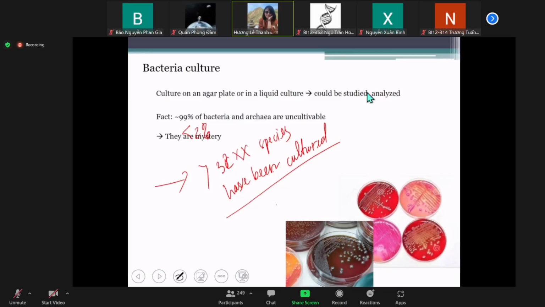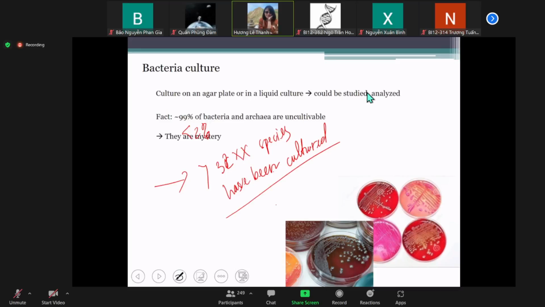Most of the cultivable bacteria are the bacteria inside our bodies, in our digestive system, because we know what they need: what the nutrition is, what the pH values are. So we can cultivate them.